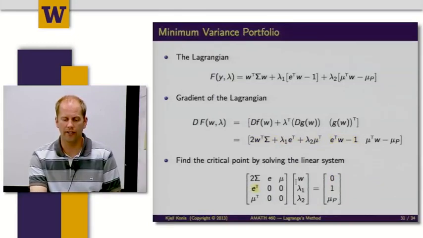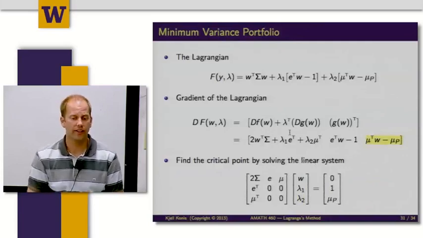So here I have E transpose times W plus 0 times lambda 1 plus 0 times lambda 2 equals 1. That gets me this constraint here. And then mu transpose times W plus 0 times lambda 1 plus 0 times lambda 2 equals mu p. That gets me this constraint here.